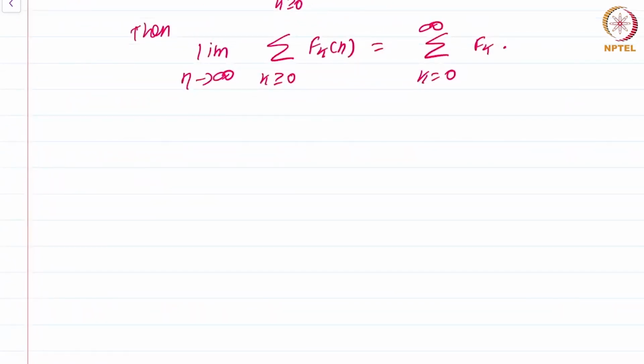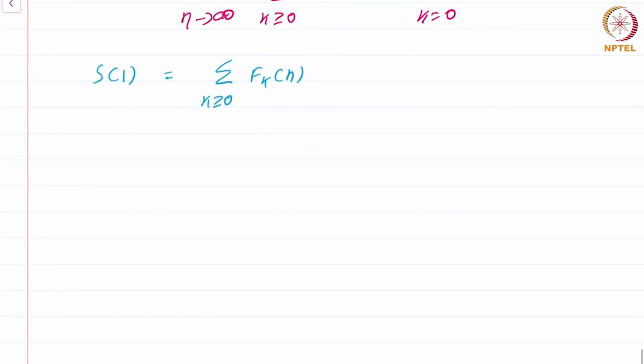To understand what Tannery's theorem is trying to say, it might be a good idea to draw a grid. So we have this S1, which is supposed to be the summation of f_k(1) as k goes from 0 to infinity. Let's expand this sum out.